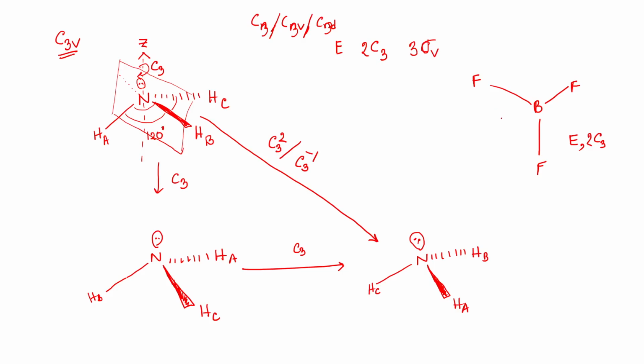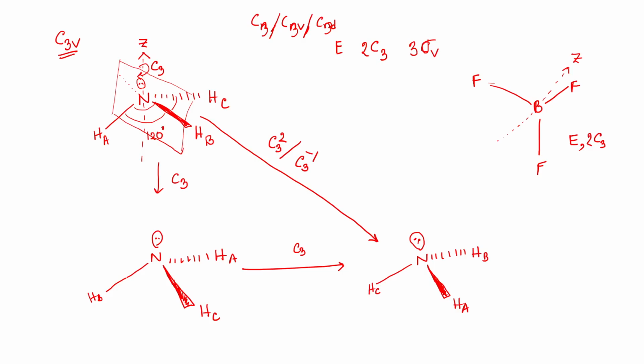So suppose the molecule is in the plane of the laptop screen and I am looking at it from the top. So this is a planar molecule. Now suppose along the Z axis I can perform one C3 and C3 squared also I can perform. So there are two C3, but the principal axis of rotation is obviously C3.